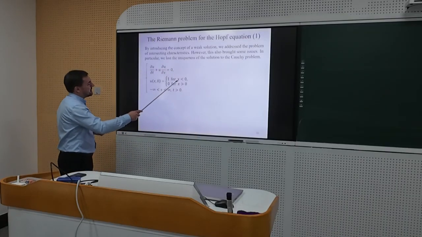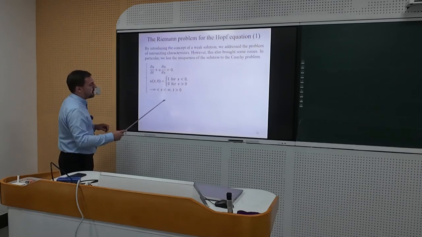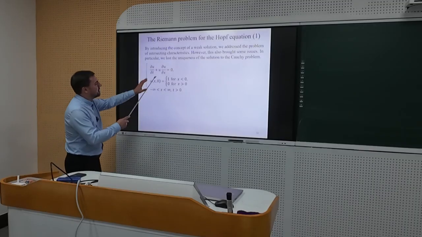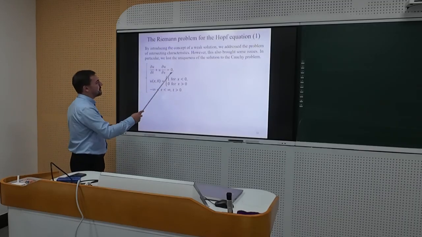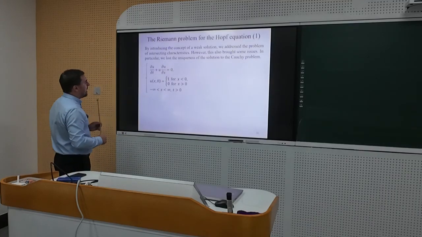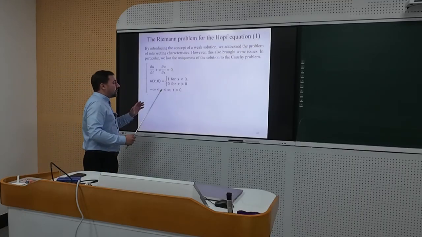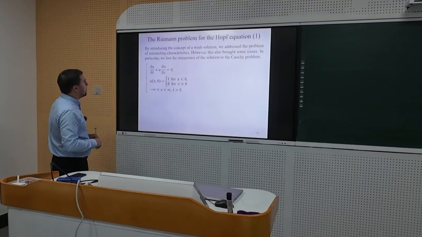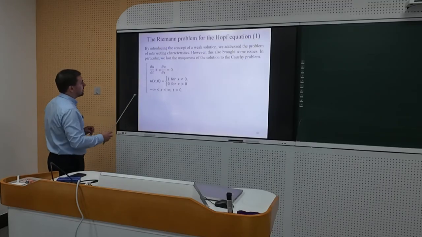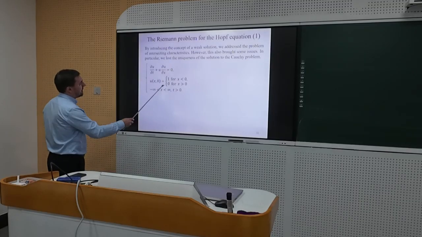If x is less than 0, we have u left, some value, and for x greater than 0, we have u right. For example, 1 and 0. So this is the Riemann problem. These constants 1 and 0 can be different. And the question is what the solution will be, for Euler equations, for scalar conservation laws. So suppose this problem: if x is less than 0, we have 1; if x is greater than 0, we have 0.